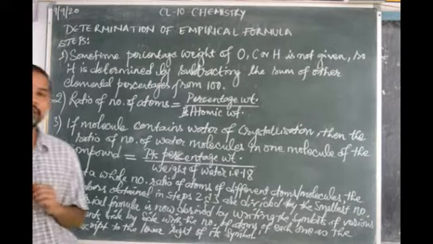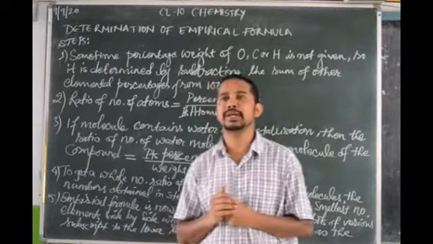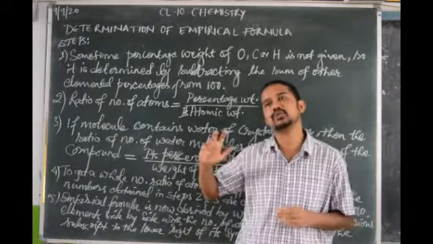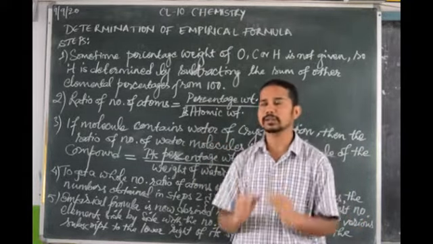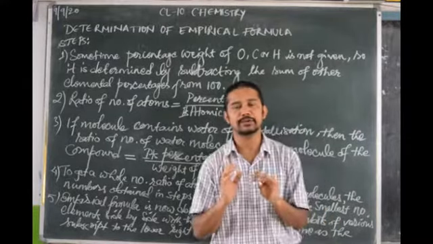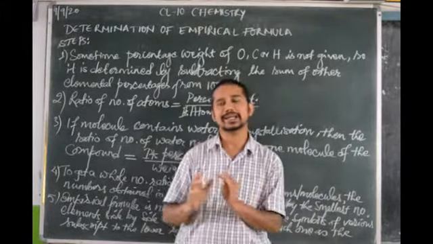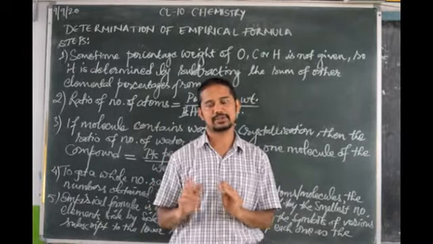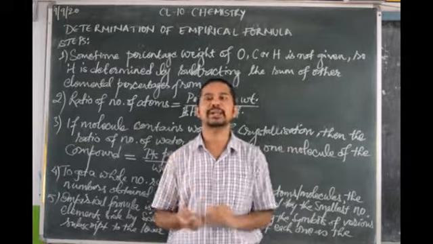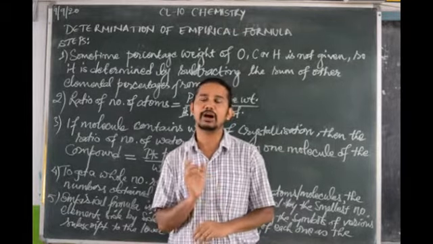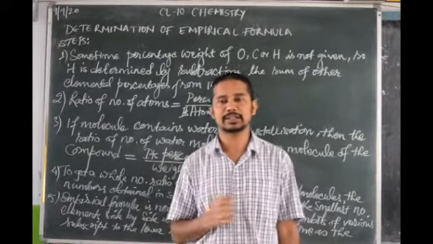So how can we calculate it? Whatever percentage weights of the other elements are given, we add them all, then subtract that sum from 100, and we get the percentage weight of the element for which it is not given.